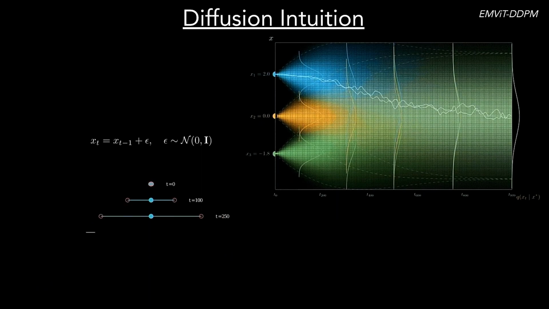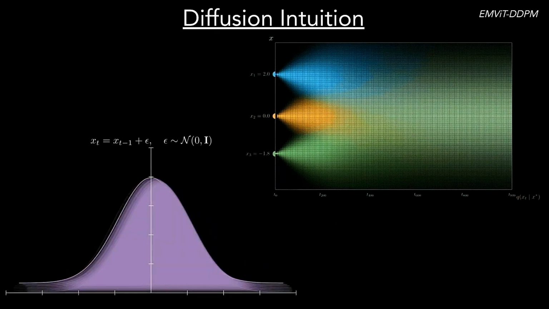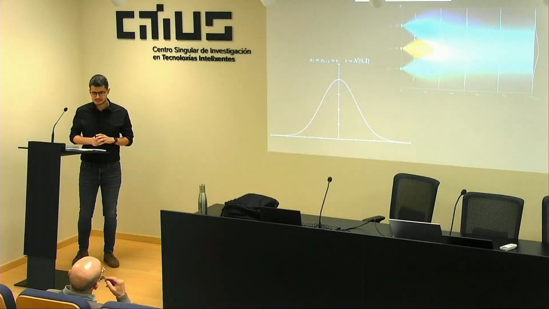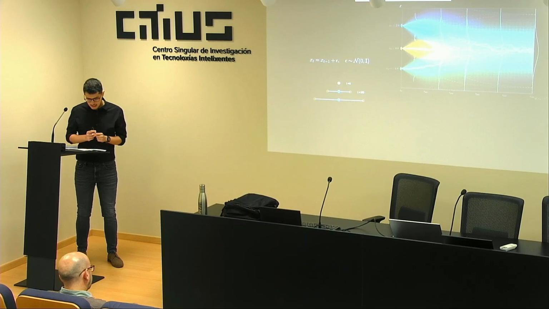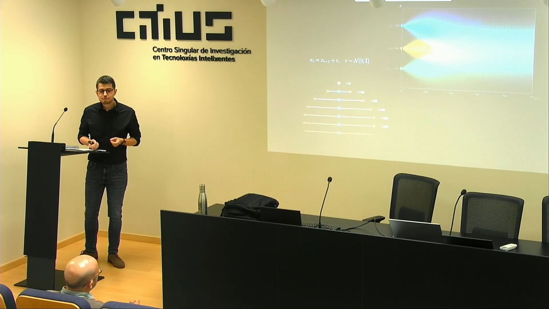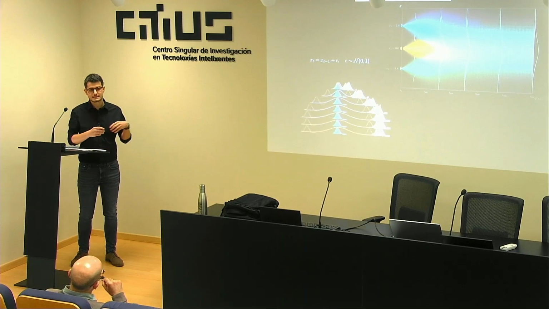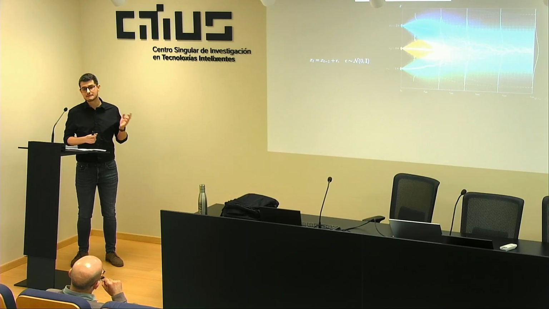And when time equals infinity, in our case time equals 100, we have a pure noise space. In the middle points, we iteratively assign a probability to each element of our space, conditioned by the time step.